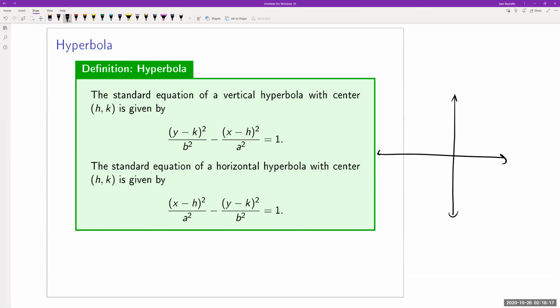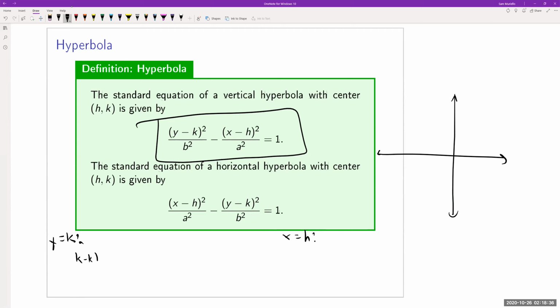I want to suppose that I didn't know anything about hyperbolas and I wanted to plug in some points. Let's take this one as an example here. And let's suppose that there are 2 points I'm going to plug in: y equals k, and then x equals h. If I plug in y equals k, then I will get (k minus k) squared over b squared minus (x minus h) squared over a squared is equal to 1.